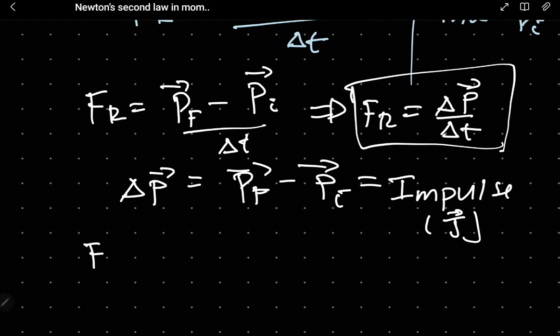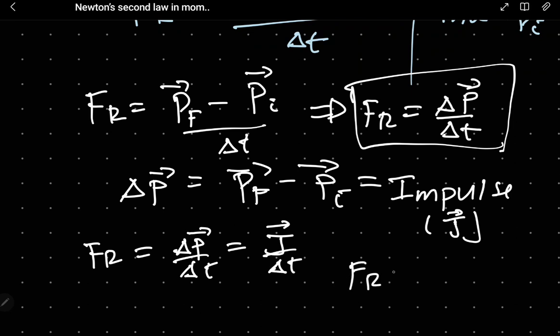Therefore, the force resultant is the change in P over the change in t, but the change in P is called impulse J, so the force resultant is equal to impulse J divided by the change in time.